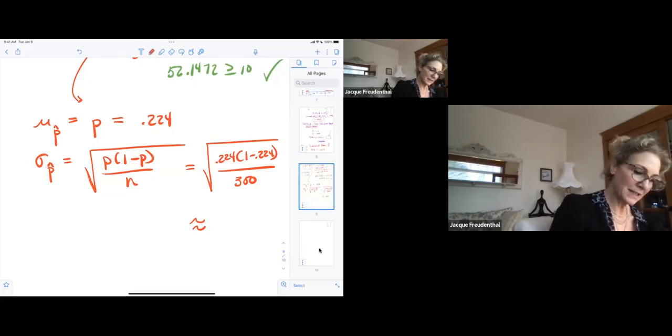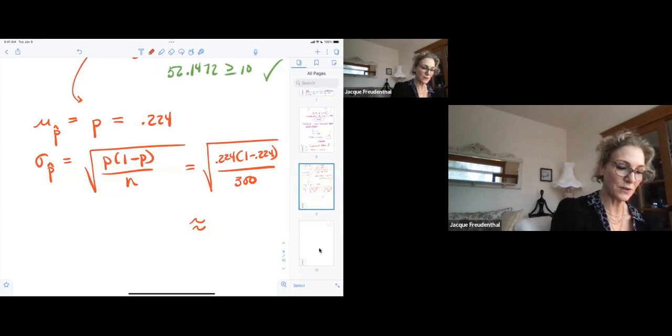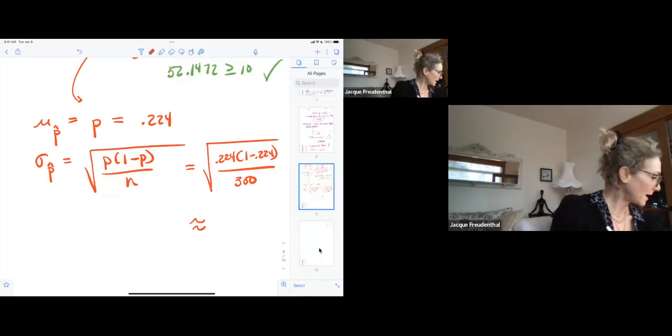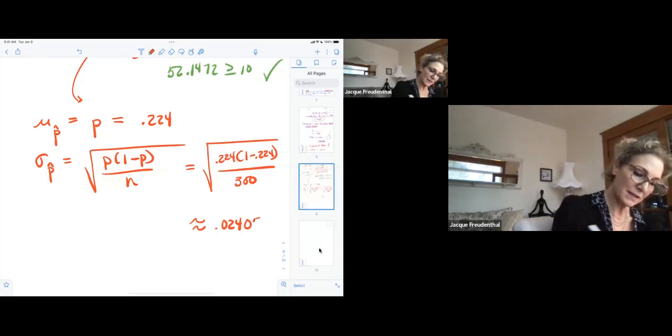When you're putting this in your calculator, you choose your square root and then put the numerator in a parenthesis and then divide by the denominator of 300. And we should get approximately 0.02407.